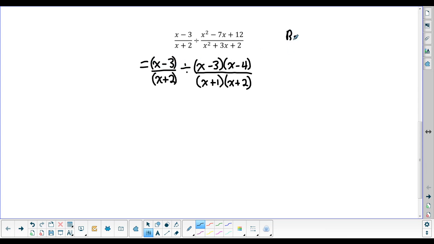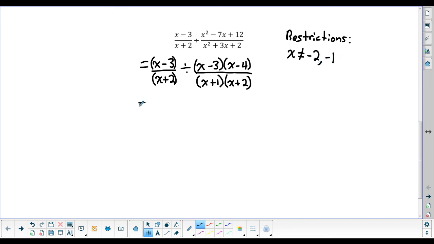Let's state our restrictions. Okay, so we got -2, -1, and -2 again. So we don't need to state it twice. So -2 and -1.